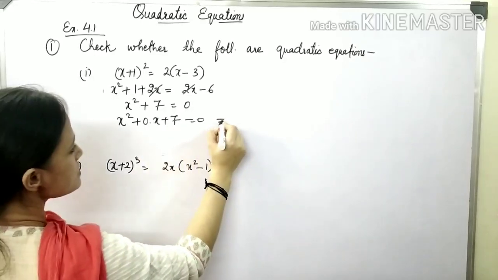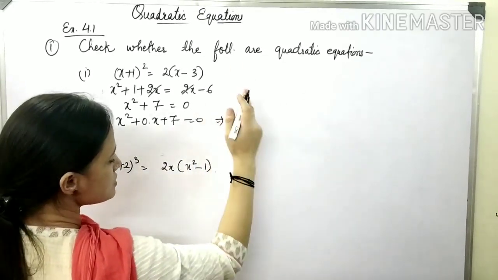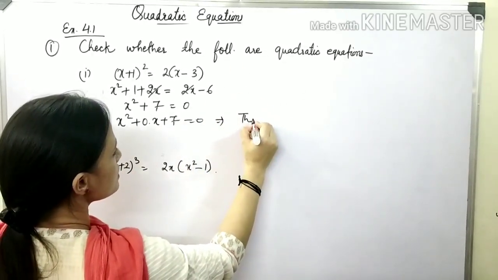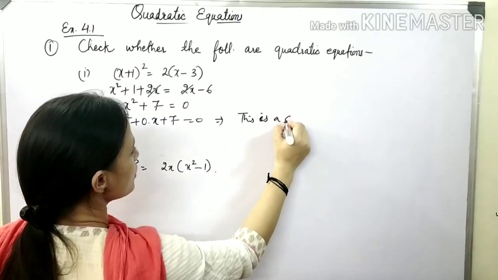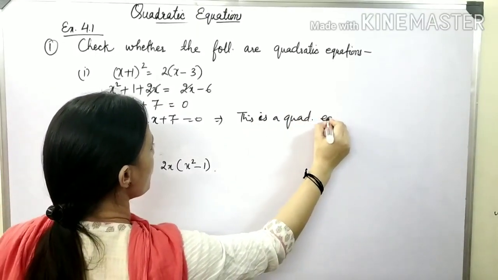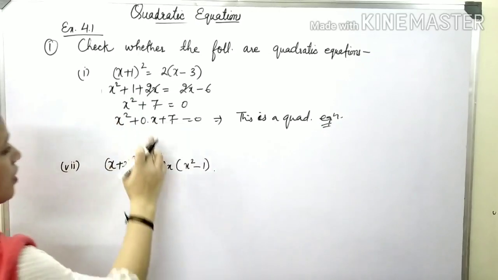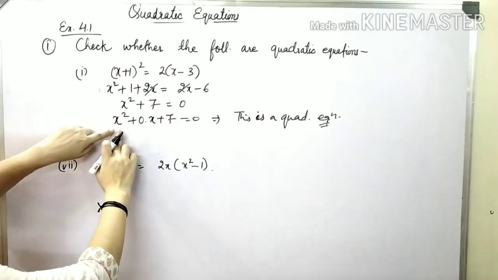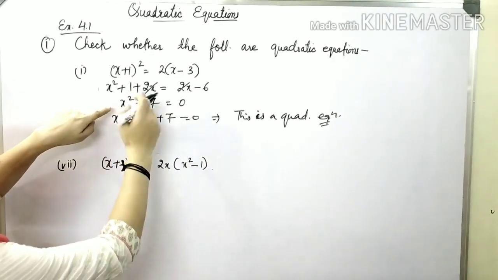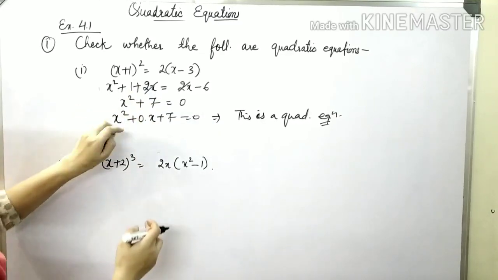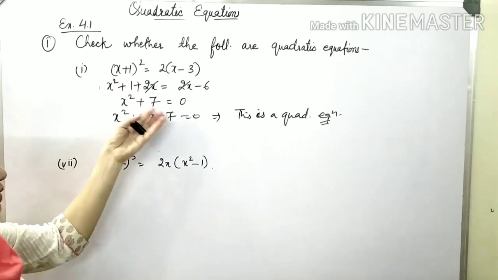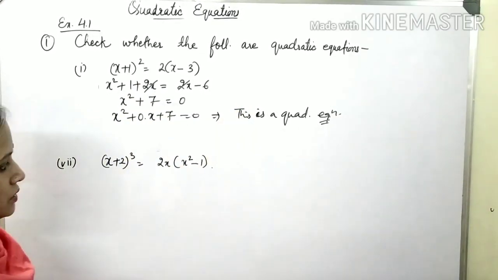So this is in the standard form, therefore this is a quadratic equation. But if we had got no term of x square, then it would not be a quadratic equation.